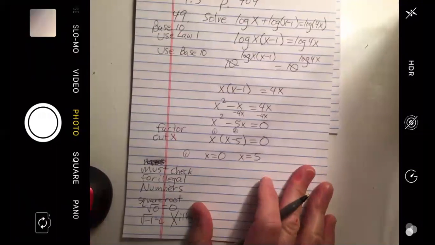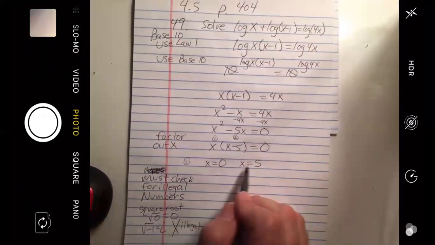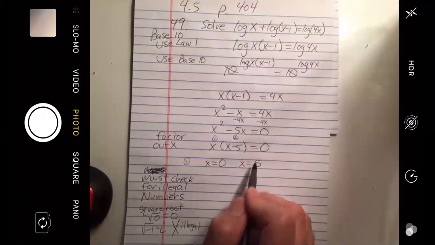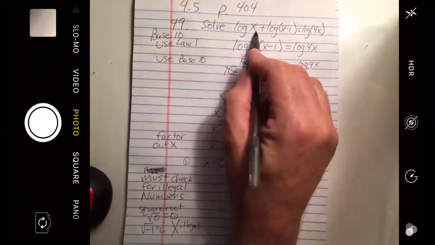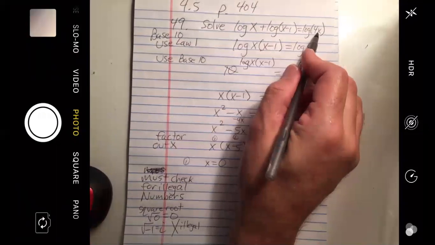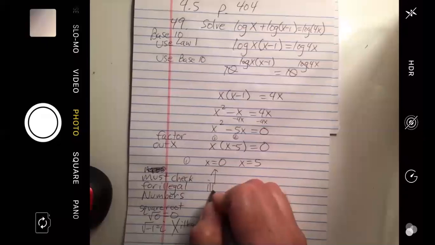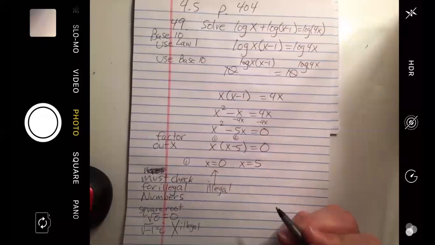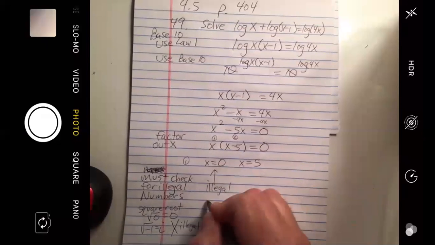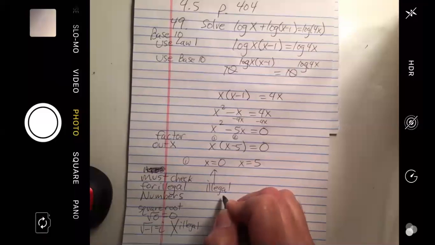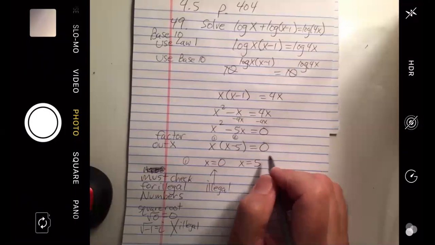So in other words, plugging these numbers back, log 0 there, I'd get a 0 there as well. It only has to occur in one spot. 0 is illegal. It's out of the domain. 5 will work. So you want to check for 0.